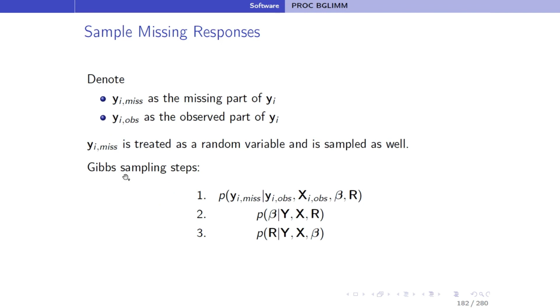If you denote y_i,missing as the missing part of yi and y_i,observed as the observed part of yi, then all the missing values are treated as random variables. So they are sampled in the Gibbs sampler. They are filled in first, given the observed y, x, and the current samples of beta and R. Once filled in, this becomes a complete data set for linear regression, from which we sample beta and R subsequently.